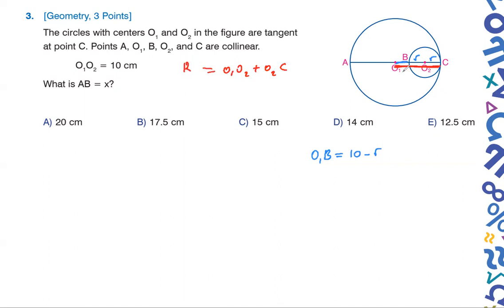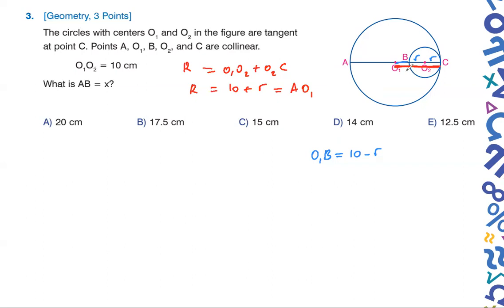I write it this way because I know O1 to O2 is 10, and then O2 to C is just the R, so our capital R is 10 plus R, which is the same as A to O1, because that's also the radius of the larger circle.